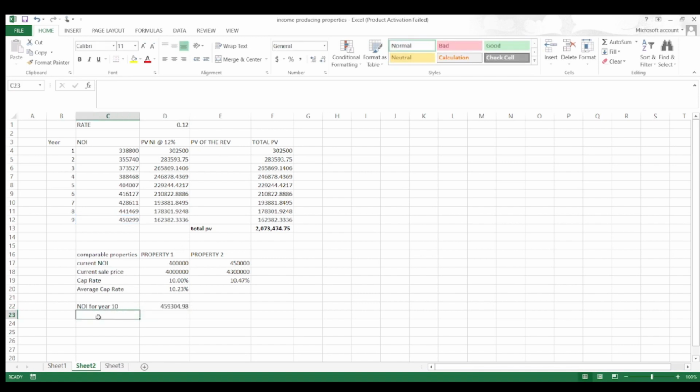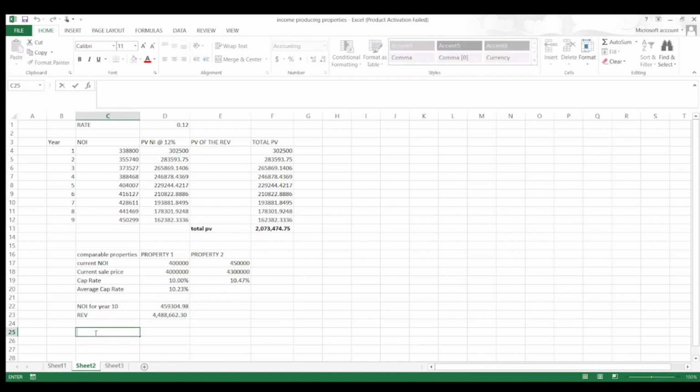Now we can get our reversionary value, which is calculated by dividing the net operating income by the cap rate. In this case, we take the average cap rate. Now this is the reversionary amount at year 10.